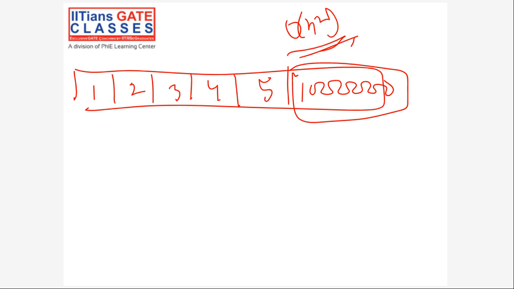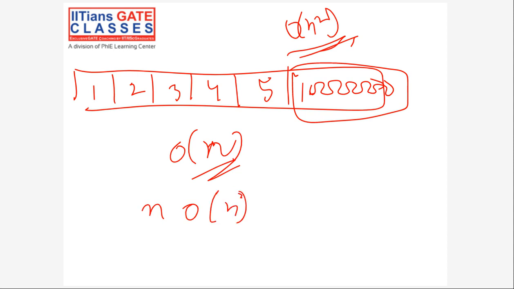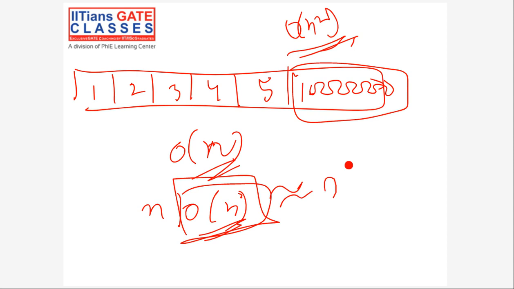Because for sorting every digit, you can use counting sort, and that can be done in order of n time, yeah? So basically 6 elements are there and 7 digits are there. So basically you use radix sort n times, and every time it takes order of n time complexity. So roughly this would be order of n square.